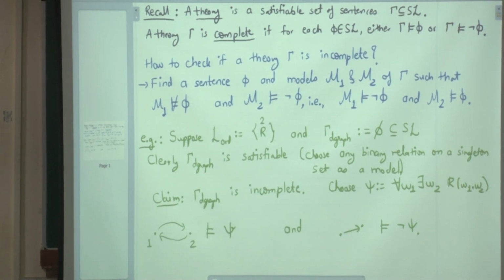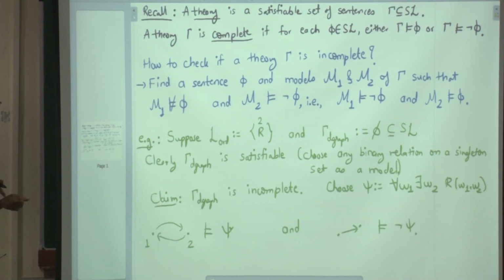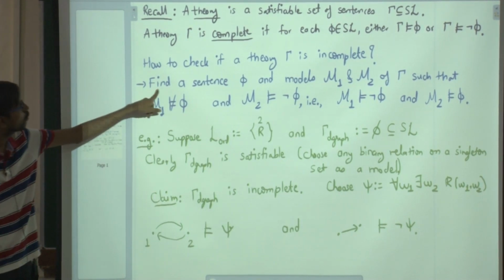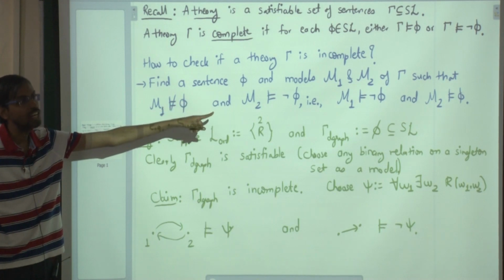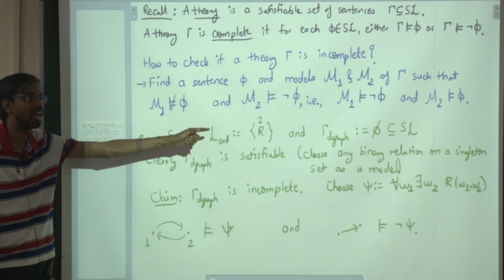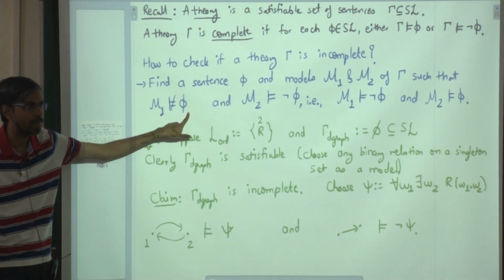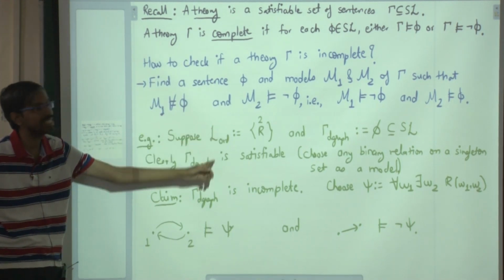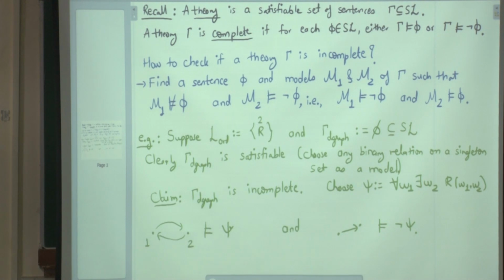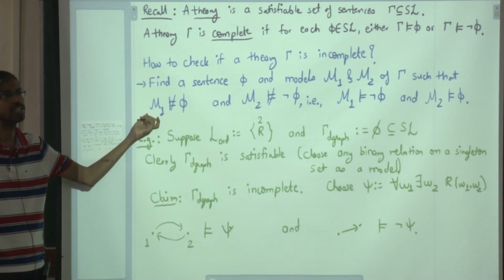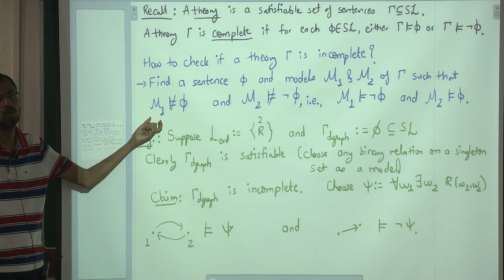So what should we show? There is a sentence. Find the sentence phi and two different models M1 and M2 such that M1 doesn't satisfy phi and M2 doesn't satisfy negation phi. M1 is a structure, so every sentence is either true or false.